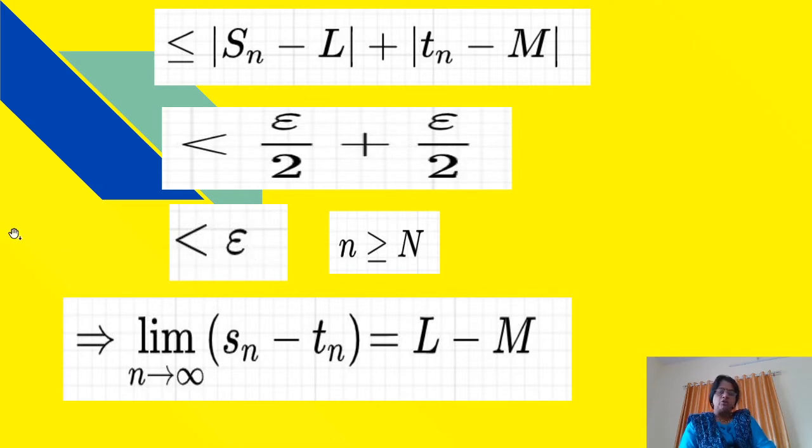That is, modulus of Sn minus Tn minus, in the bracket, L minus m is less than epsilon, where n is greater than or equal to N, which implies that limit of Sn minus Tn as n tends to infinity is equal to L minus m.